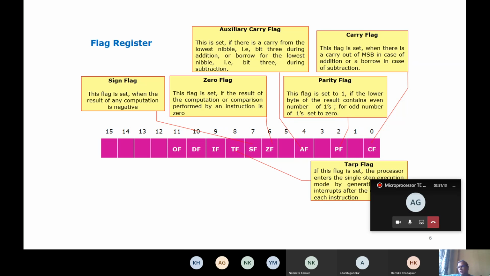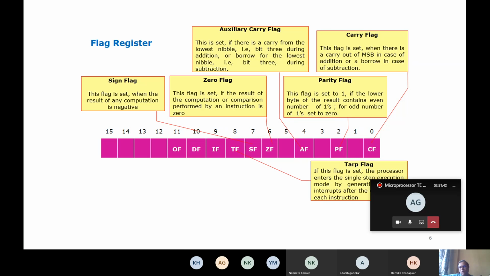Instead of executing all the instructions together, we are executing one instruction at a time, and we want to check the result of that instruction, whether it is yielding the correct result or not. This is called single stepping, which is a debugging method, and which, if you remember, we use when we are debugging our program. Just now we have used it, pressing F7.